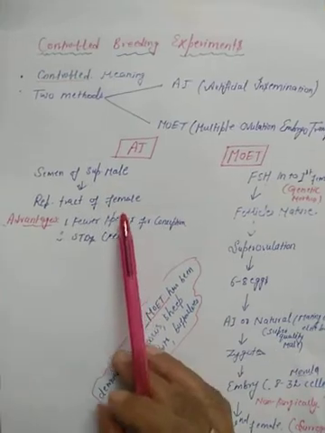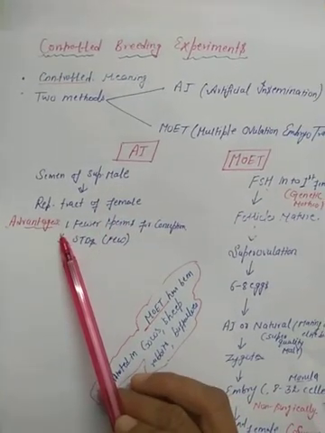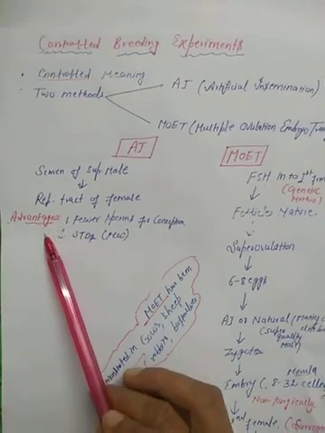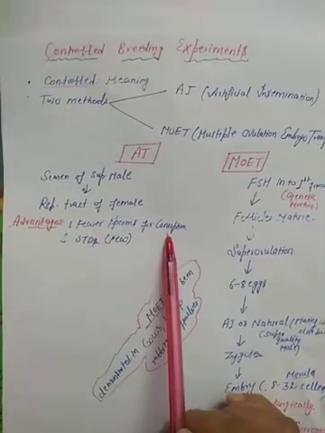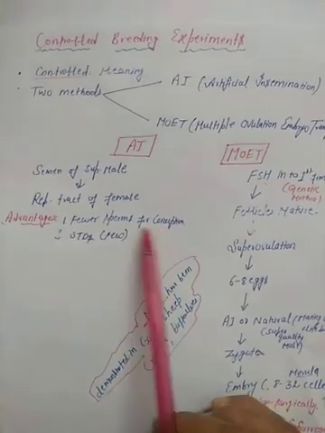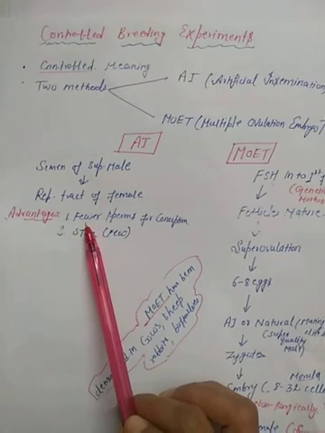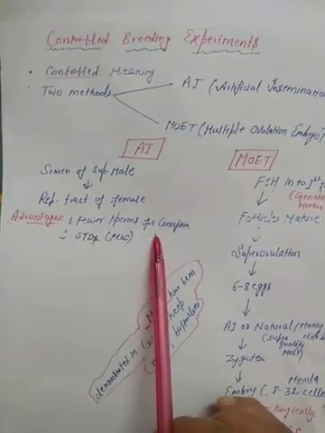What is the advantage of artificial insemination? The advantage is that fewer sperms are needed for conception. For successful conception, a smaller number of sperms can serve the purpose.